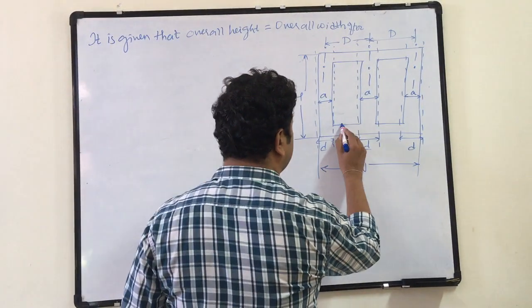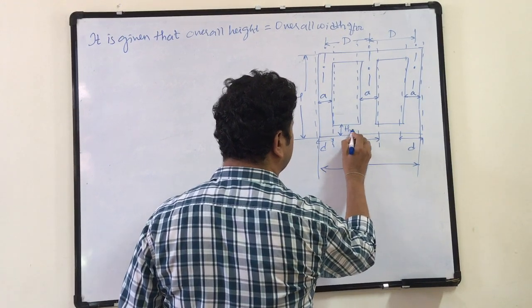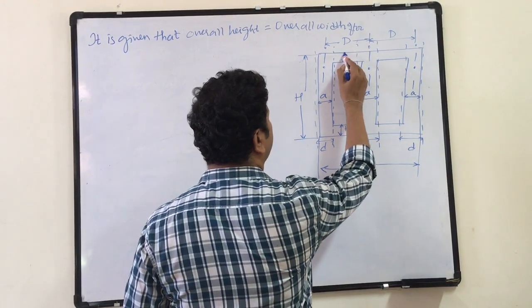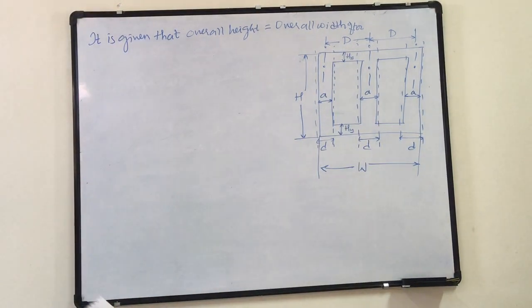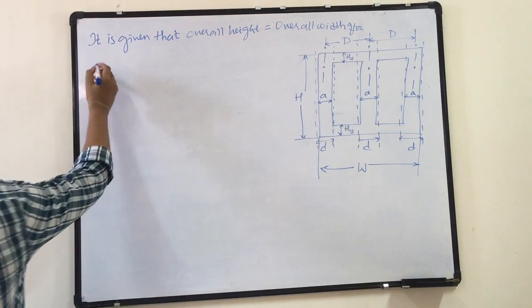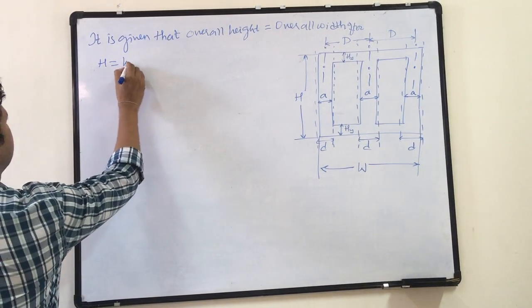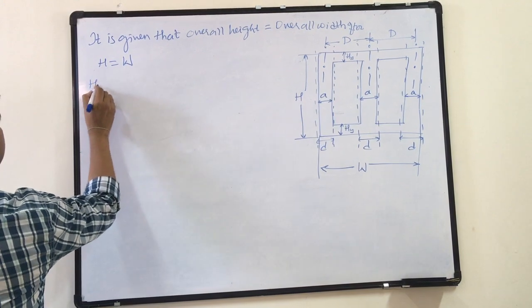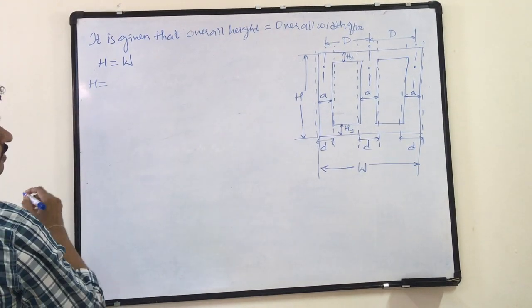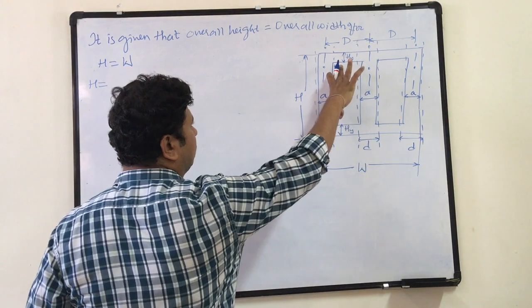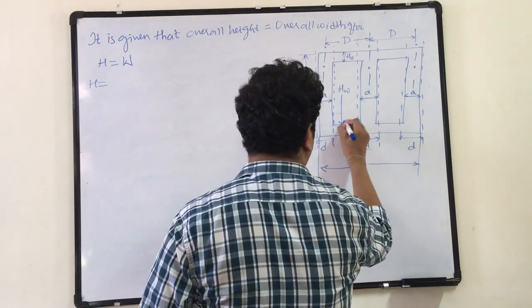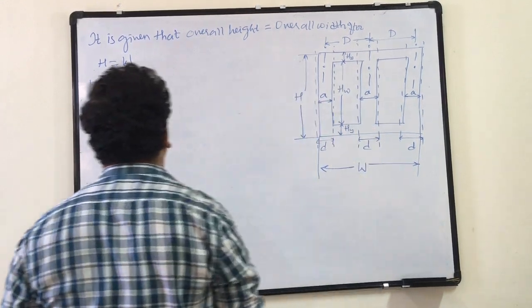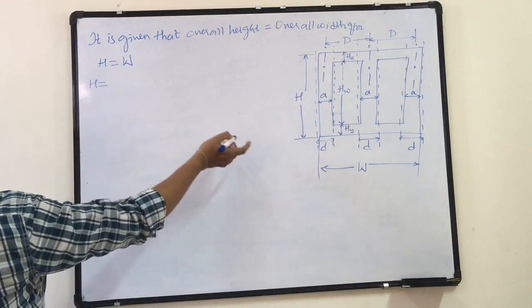So this is height of yoke, and this is height of yoke. So H is equal to W. What is H? H is equal to height of yoke plus height of window plus height of yoke.